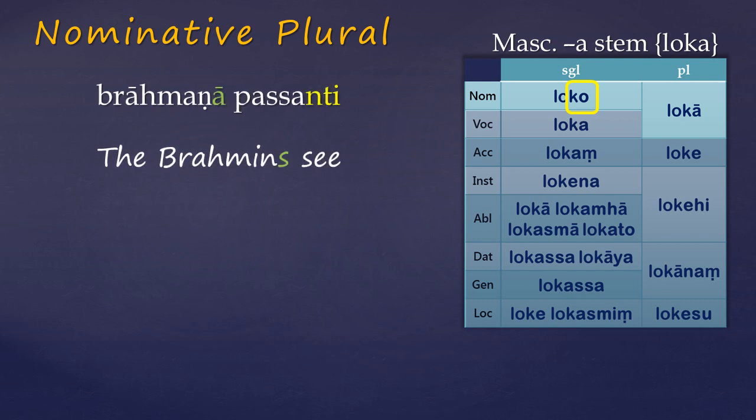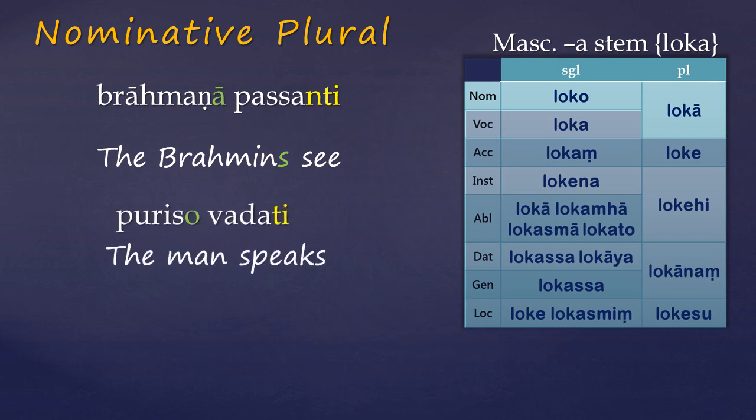And if the subject is plural, it will end in a long A. And notice the verb also changes to agree with its subject in number too. Likewise, puriso vedati, the man speaks, and purisa vedanti, the men speak.